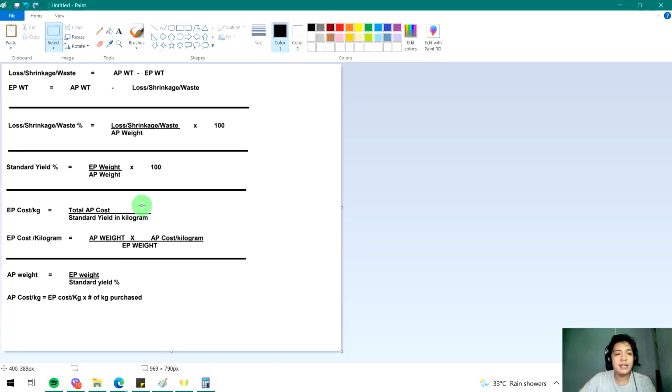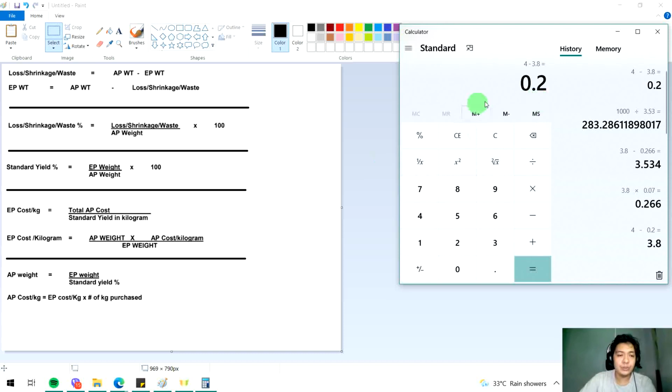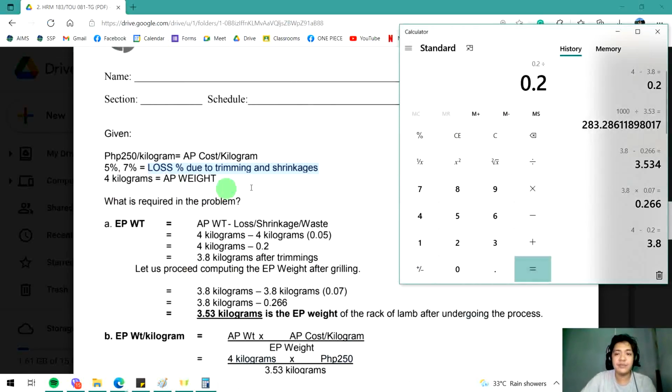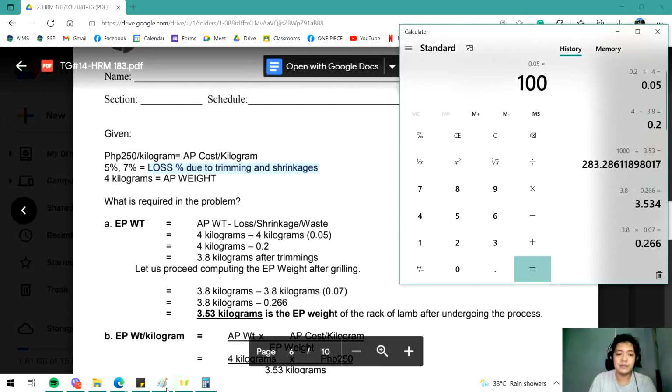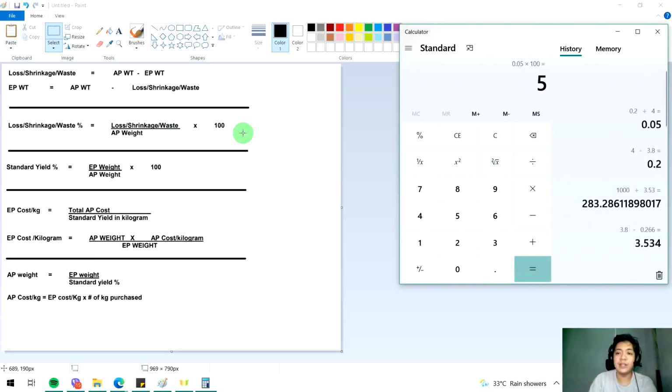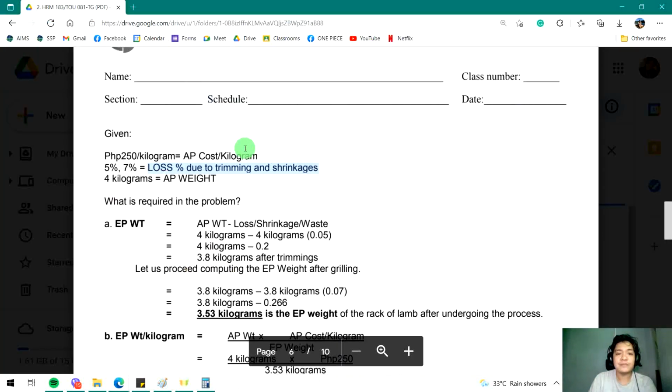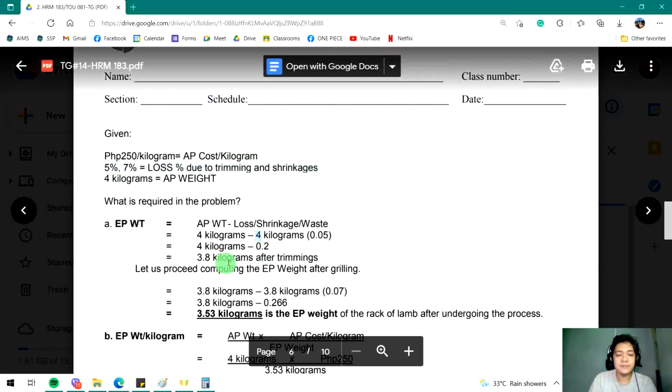Ibig sabihin yan, tingnan natin tong formula na to, loss, shrinkage, waste, percentage. So, dito lumalabas na yung 0.2 natin, let's multiply by 100, 0.2 divided by AP weight. Ang AP weight natin dito is 4, times 100, nakalagay sa formula, 5. So, tama. Tama siya, 5%.